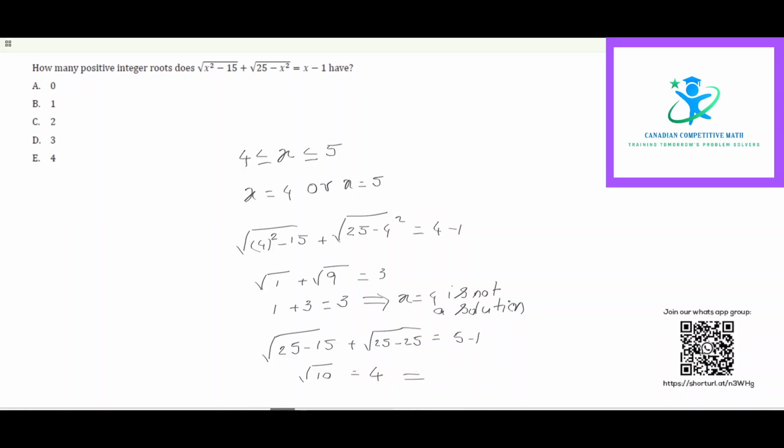So x equal to 5 is not a solution. So there are really no positive values of x that satisfy this condition. The only answer is there are 0 solutions to this question.